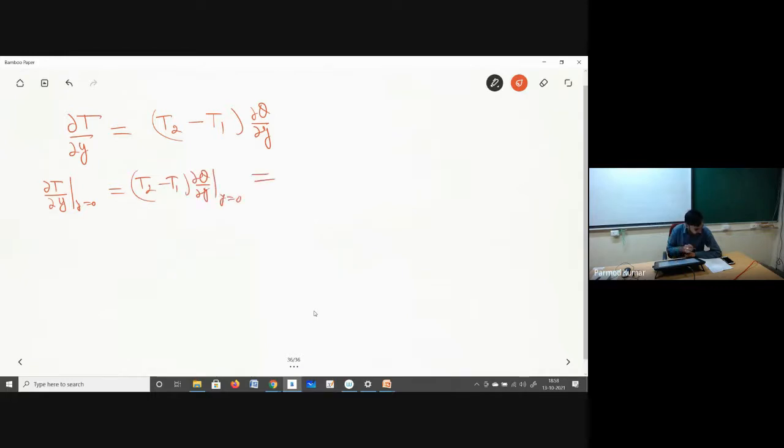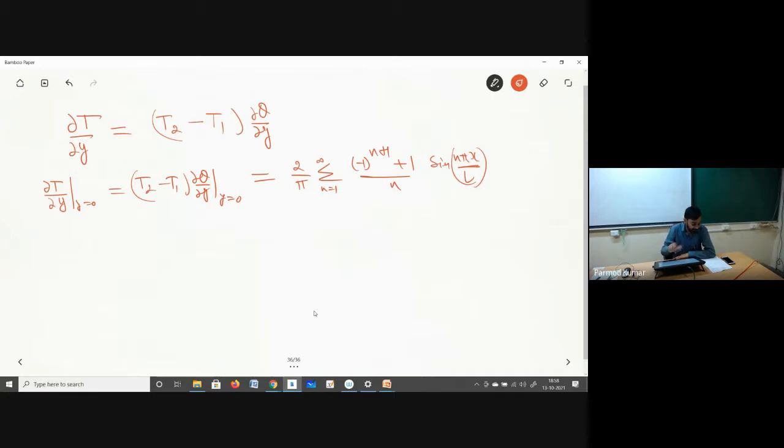If you do so, you will find it is nothing but 2 by pi summation n varies from 1 to infinity. Please do this differentiation on your own. I am giving you the final expression, which will come out to be minus 1 power n plus 1 divided by n into sine n pi x by L. Why are we getting sine n pi x by L as it is?